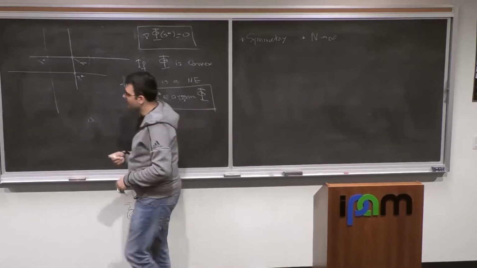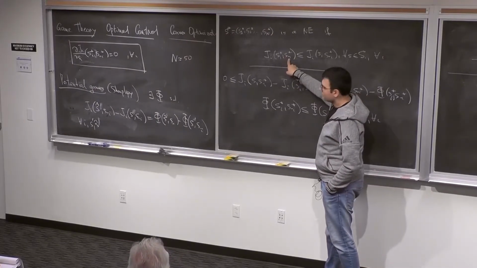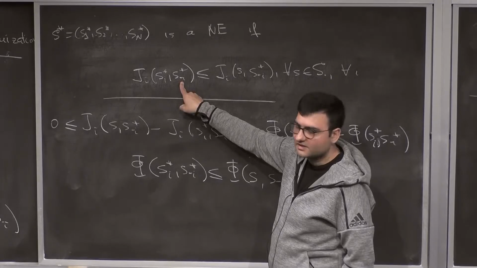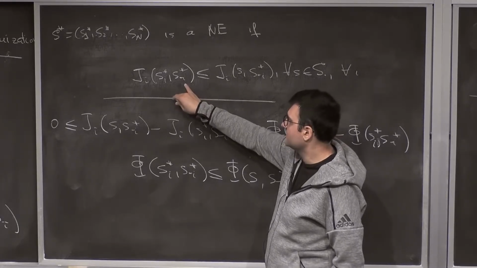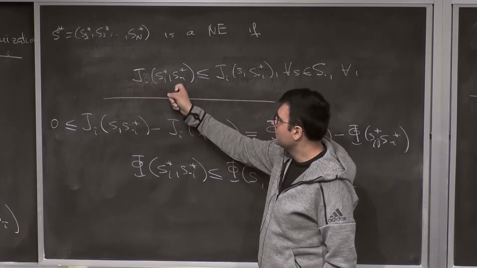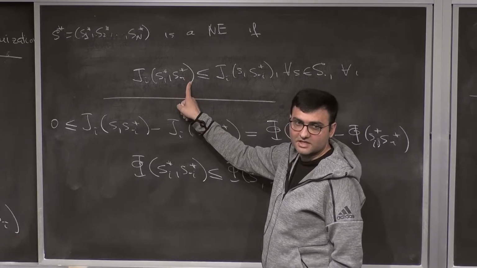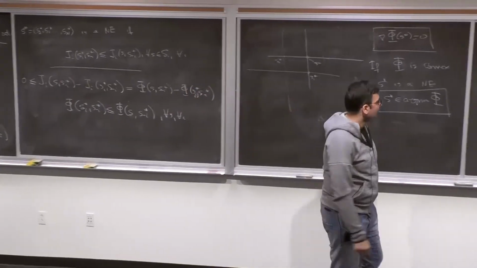Also, let's assume that players are interchangeable, which means that I don't care which player did a certain action, so this function ji is going to be permutation invariant with respect to the second variable. There is no difference if you change the names of players.